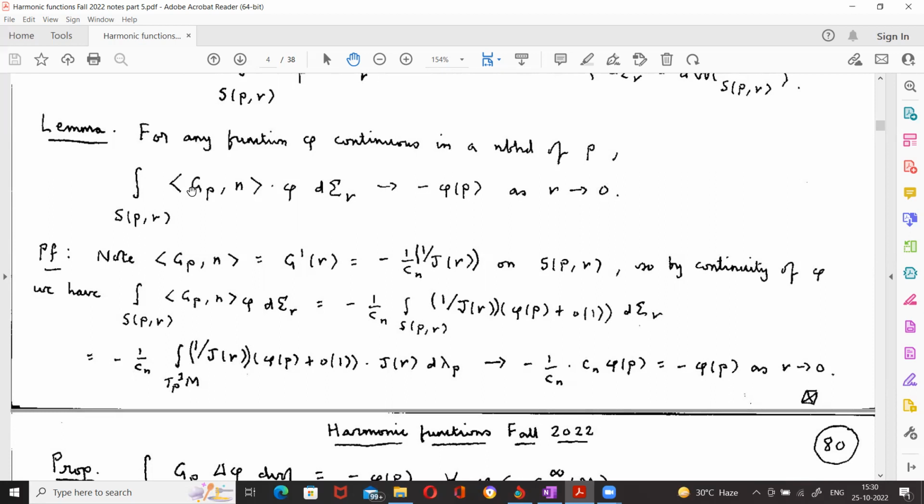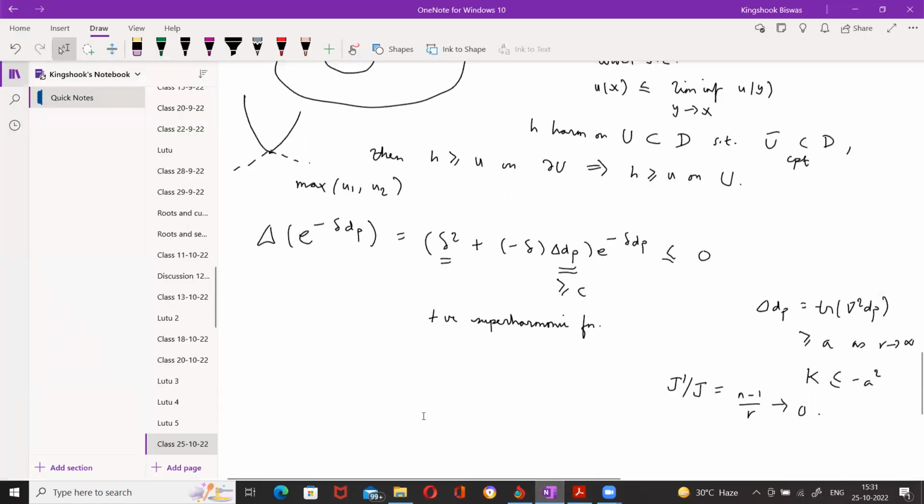This should be grad GP inner product with n. Sorry, this is a typo. So let me just write it correctly. So that times phi d sigma r converges to minus phi of P as r tends to 0. So sorry about that.